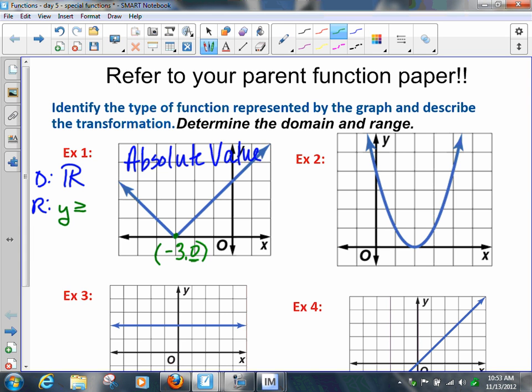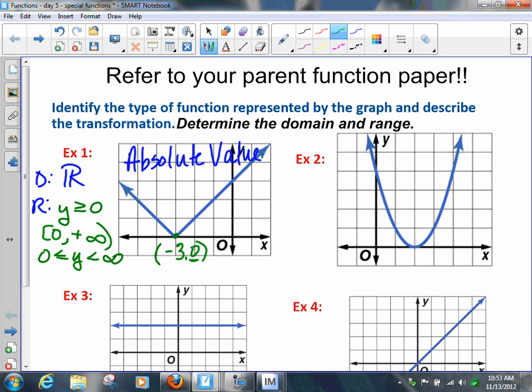Greater than or equal to 0. And then we're going to write it in interval notation, so bracket 0 to positive infinity, parentheses. And then I would write it as a compound inequality: 0 is less than or equal to y, which is less than positive infinity.